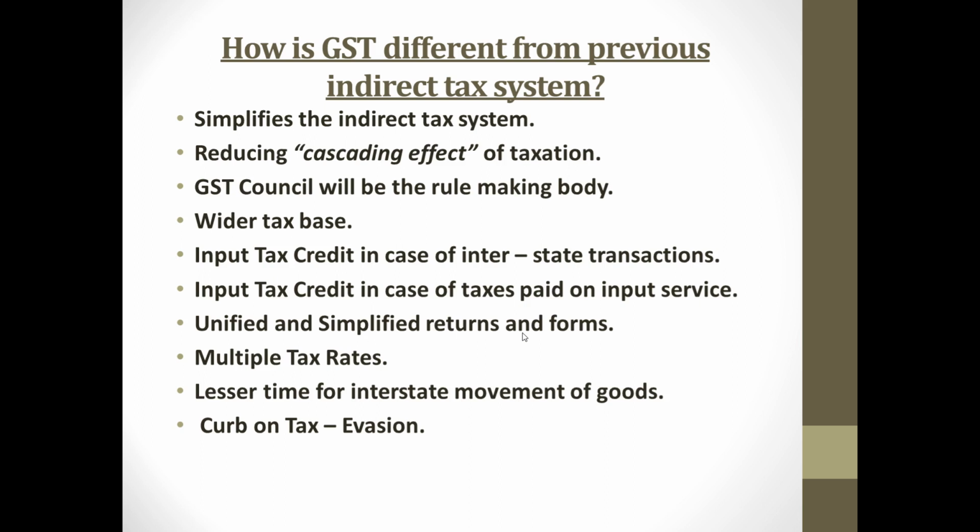For example, if you have one business in Delhi, one in Rajasthan, one in Uttar Pradesh, and one in Bihar, at a time you have to manage four different kinds of sales tax acts, different returns, and different forms that you have to maintain.